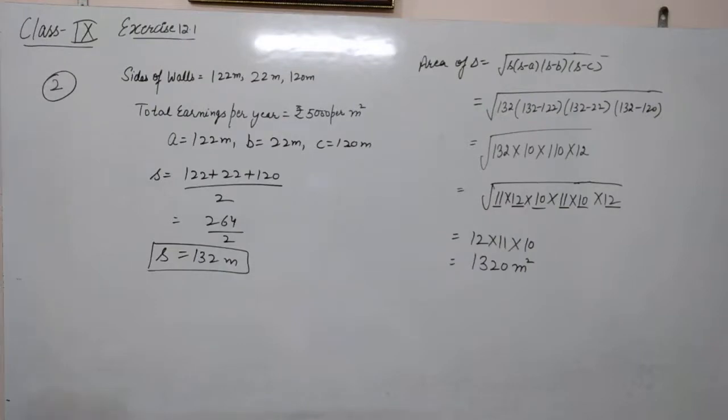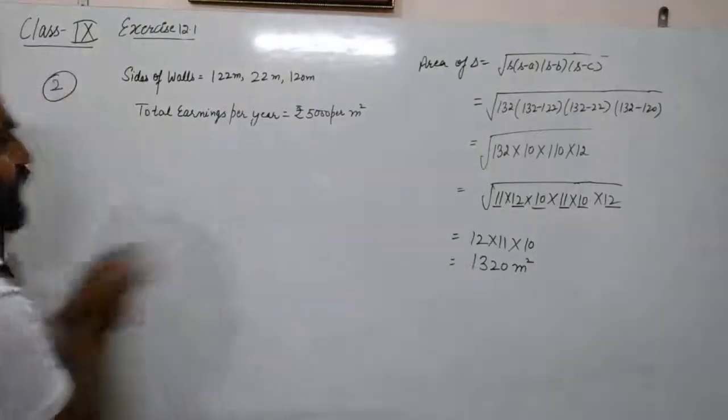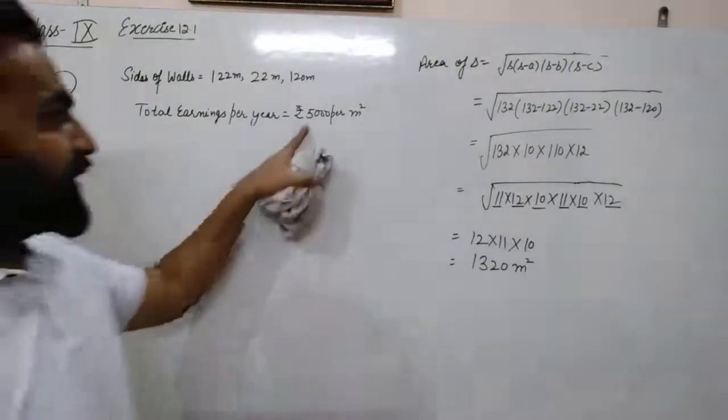Now the price is given, total earning per year is given here, but we have to calculate earning for only 3 months. So how to calculate? Let's see. So earning per year is rupees 5,000.